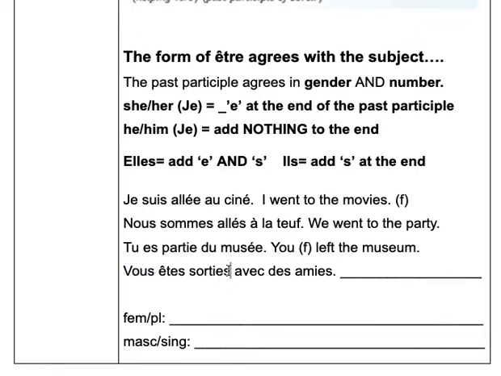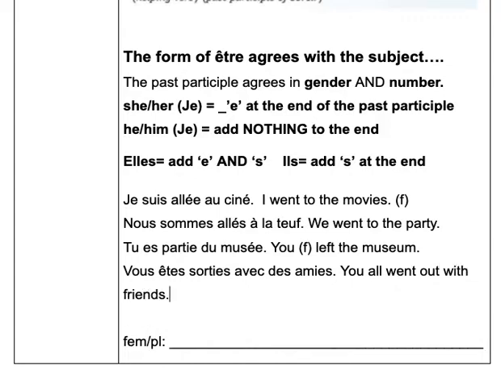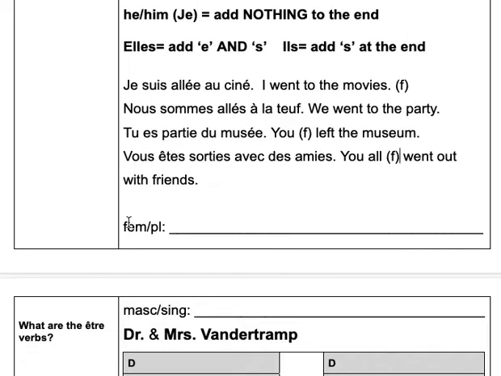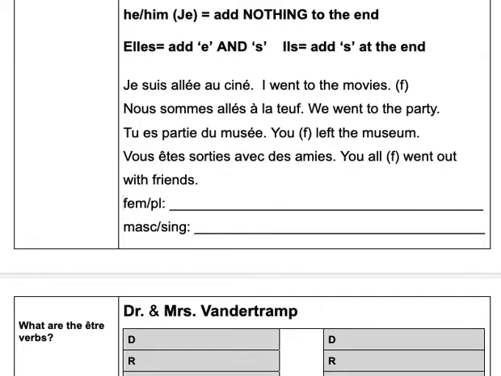Okay, so agreement with this agreement. Here we go. You all went out with friends. And we know that you all is feminine because of the E. Okay? All right, let's keep going.